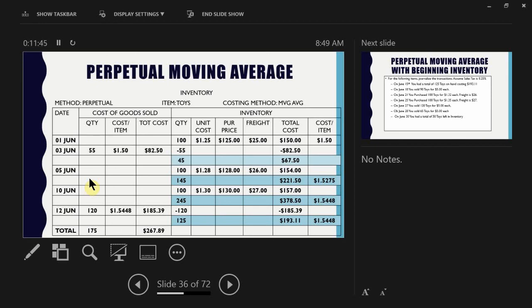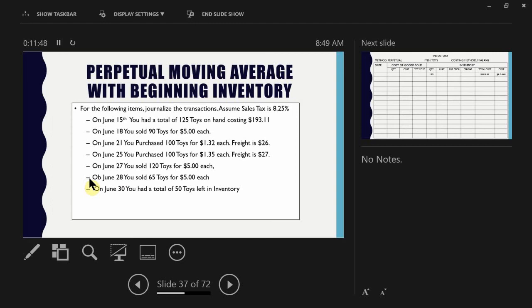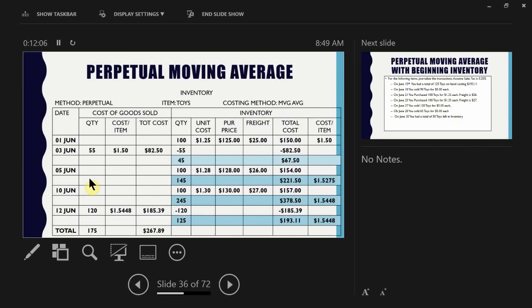Okay. All right, so what happens when we have beginning inventory, okay? So for the following information, we know that on June 15, we had a total of 125 toys. So let's look back at what our previous answer was.